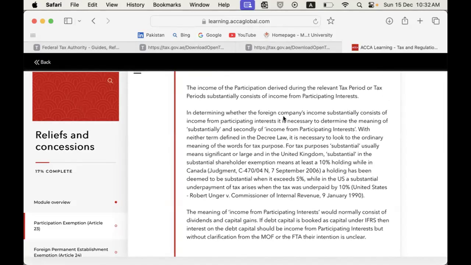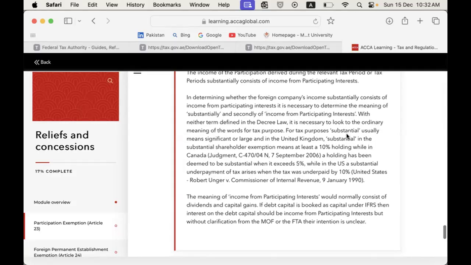In determining whether the foreign company's income substantially consists of income from participating interest, it is necessary to determine the meaning of substantially and secondly of income from participating interest. Neither term is defined in the decree law, so it is necessary to look at the ordinary meaning of the words for tax purposes.